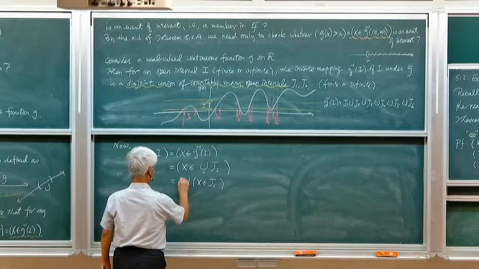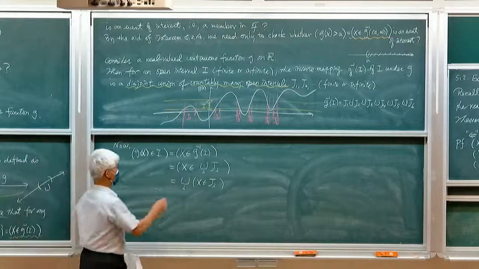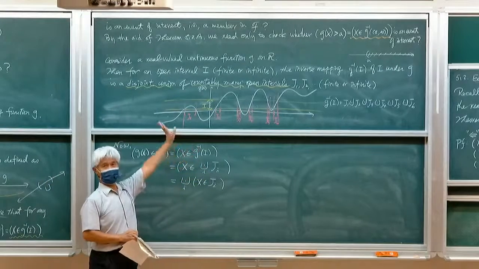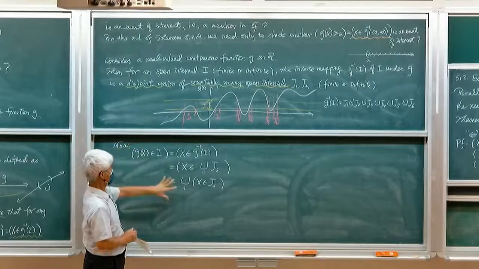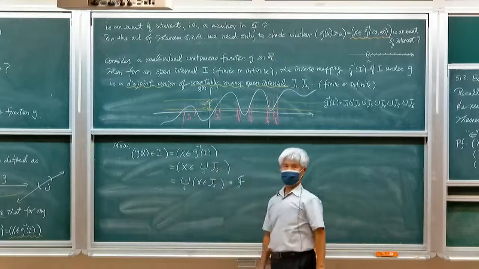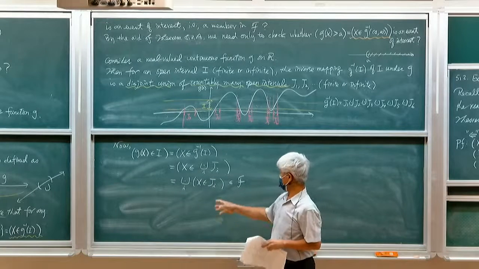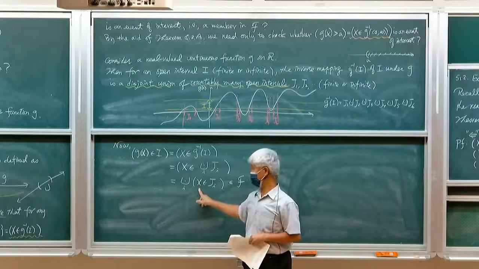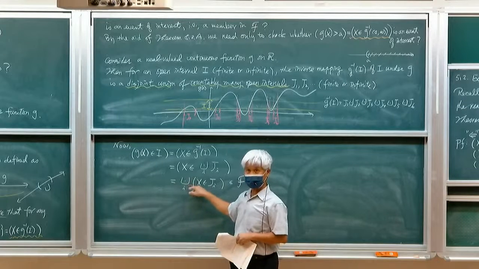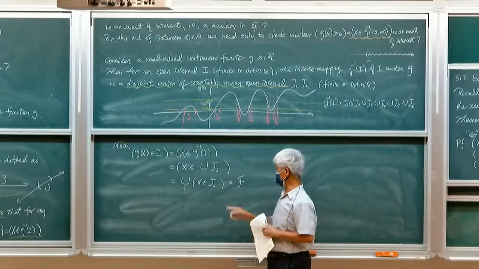It doesn't matter to have disjoint union or just union, but I just want to put disjoint union to emphasize the fact here. And you can see that this is in F. Of course. Why? Because J_i is an open interval and X is a random variable, so by definition this is an event of interest. And you have a countable union here, so it must also be in the sigma algebra.